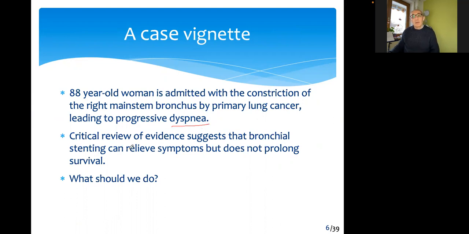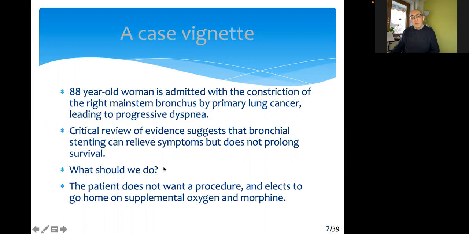And if you look at the literature, it says if the bronchi are narrowed by the cancer tissue, then you can apply a stent to allow breathing. This is expected to improve the quality of life, although it does not prolong the survival. So most of us would, of course, go for this procedure, this intervention.